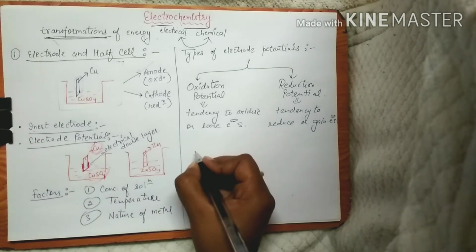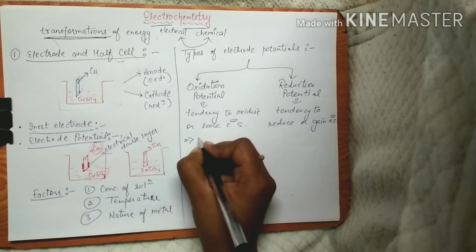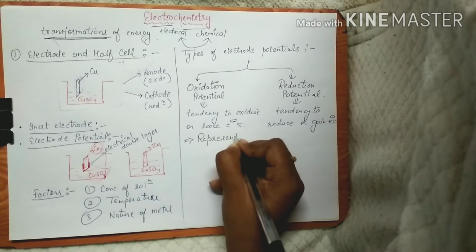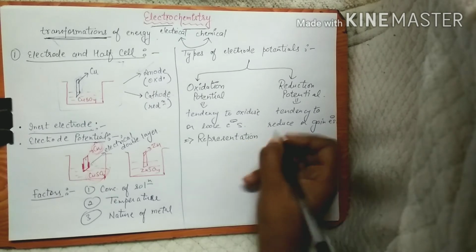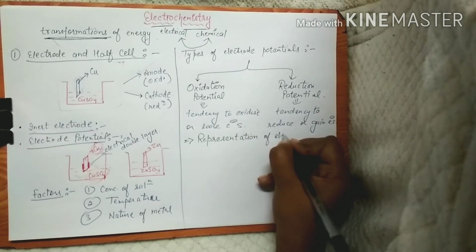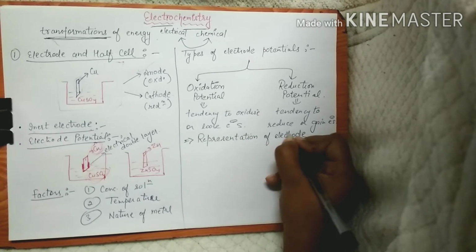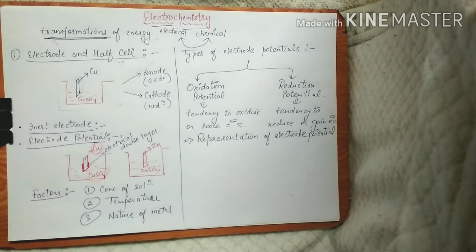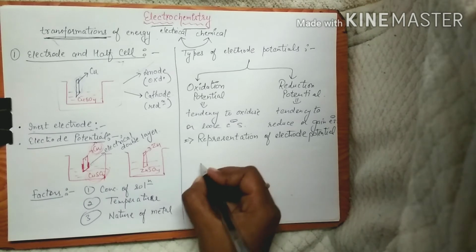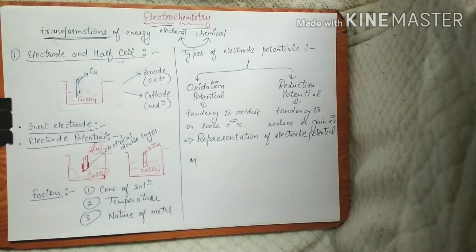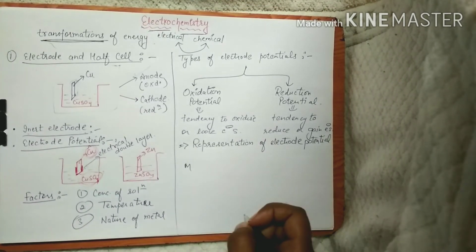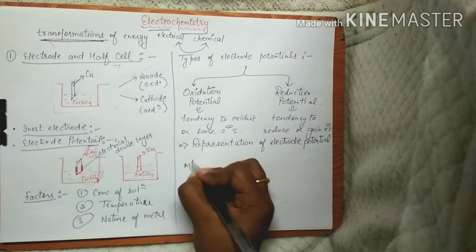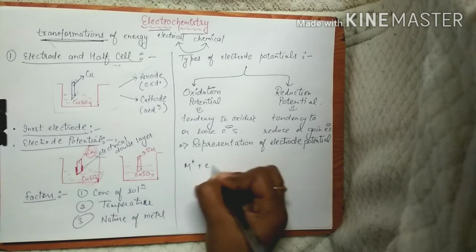Now we'll move on to the representation of electrode potential. Suppose this reaction is taking place on an electrode.